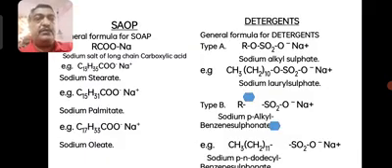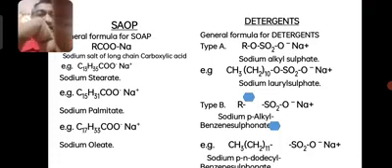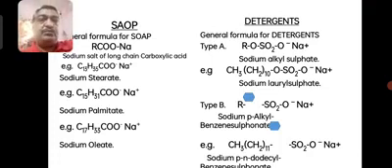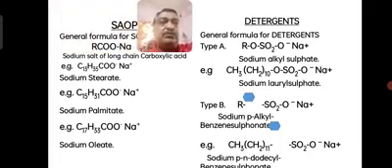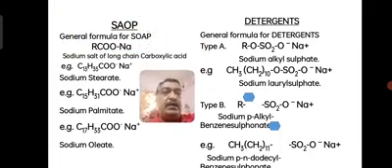Now, I have already given the structures and all the factors related to soaps and detergents. Soaps are nothing but RCOONa, and detergents are nothing but ROSO2O minus Na plus, or RSO2O minus Na plus.